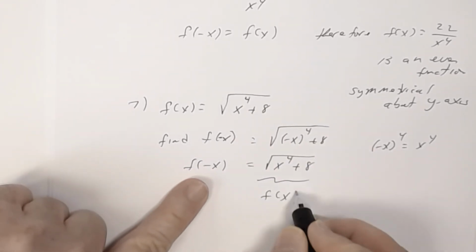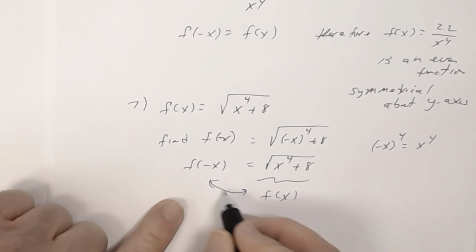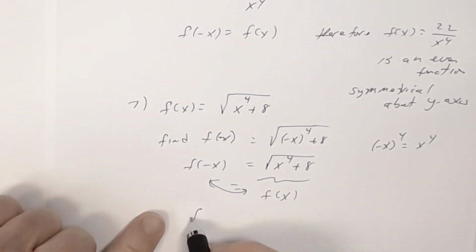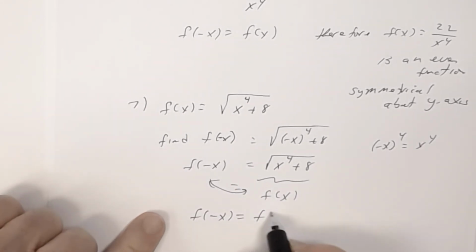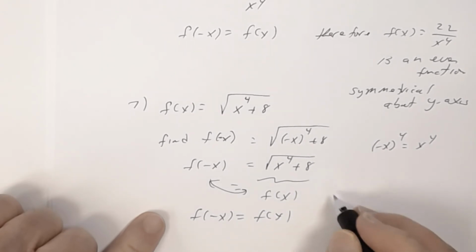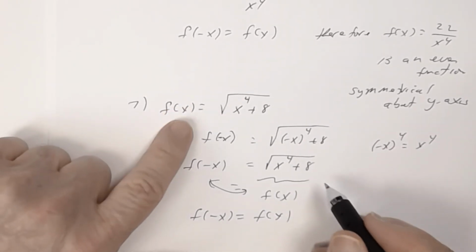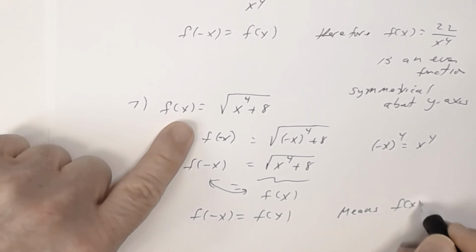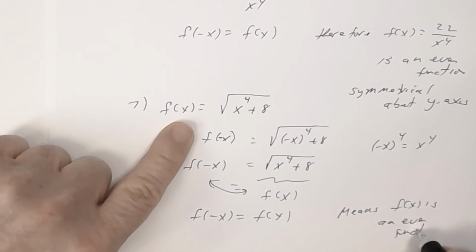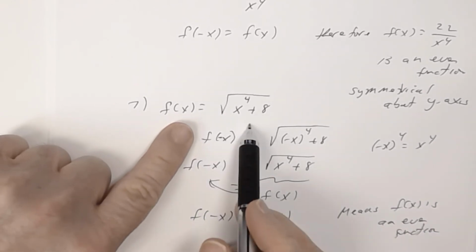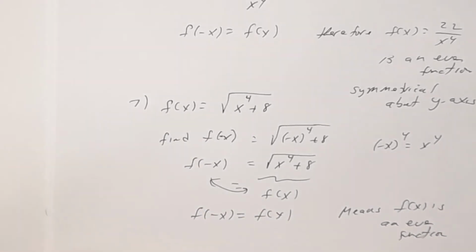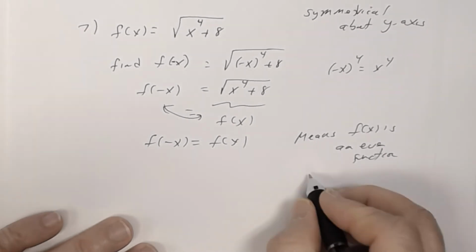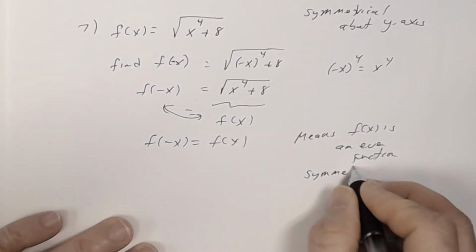This is f of x. So f of negative x does equal f of x. That means that f of x is an even function. So if you were to graph this, it would be symmetrical about the y-axis. Symmetry about the y-axis.